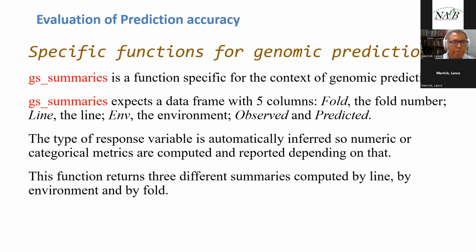This function returns 3 different summaries: by line, by environment, and by fold. I will explain with an example the output that the GS summary produces, but it's really nice because in an automatic fashion you can compute all the metrics for categorical or regression problems without so much effort.